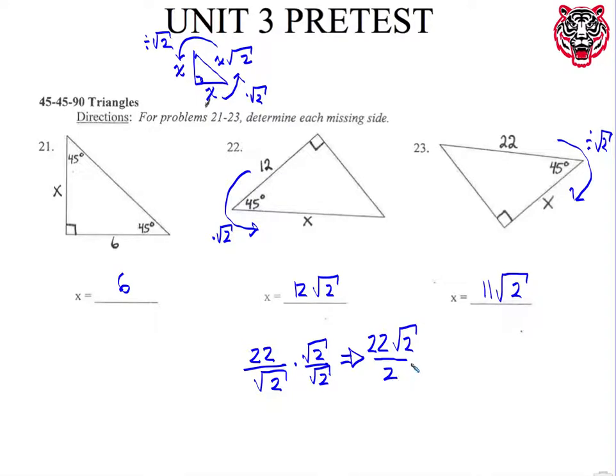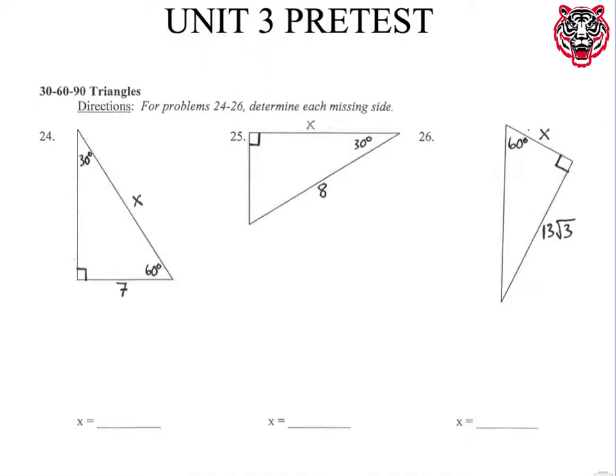All right, let's move on to number 24. Determine each missing side. The general 30, 60, 90, write this in your notes. We've written it over and over again. The shortest leg is x. The hypotenuse is going to be what? If the shortest leg is x, the hypotenuse is 2x, yes.